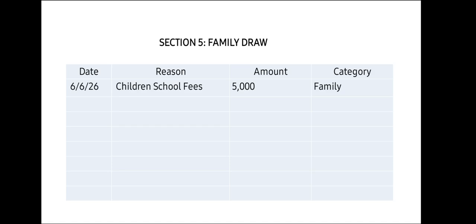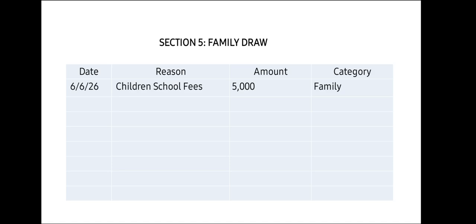For example, you plan to pay your child's school fees, you need to buy food at home, and you also need to meet up transportation. Let's say the date is 6th June, the reason is to pay children's school fees, and the amount withdrawn is 5,000.